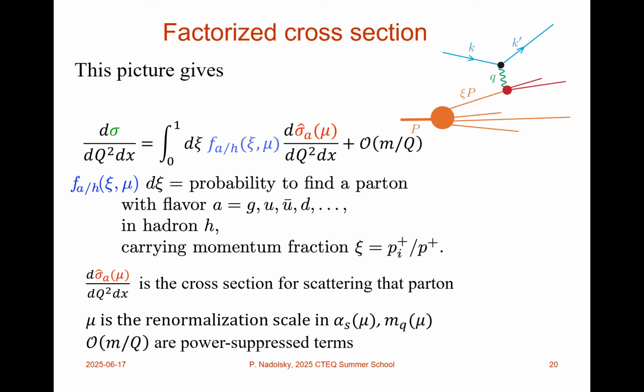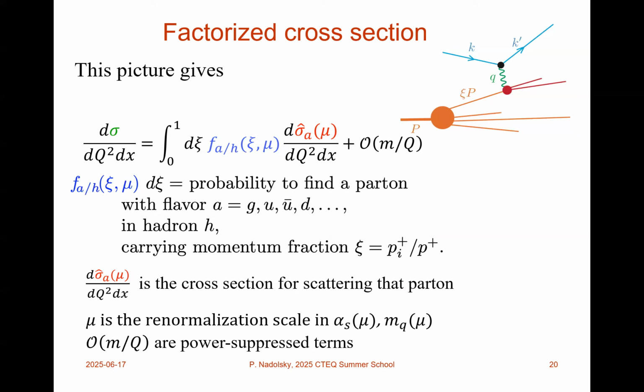And do infrared divergences get cancelled when inclusive, and do they appear at the leading order level or at the M over Q level? Well, for M over Q, actually they will have soft divergences, but I will not get there. In this leading power piece, the soft divergences only appear at NLO and higher.